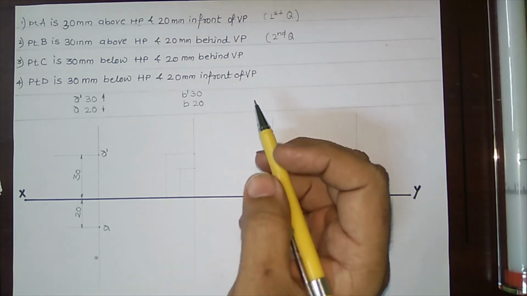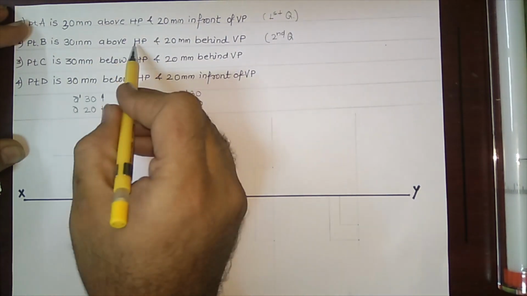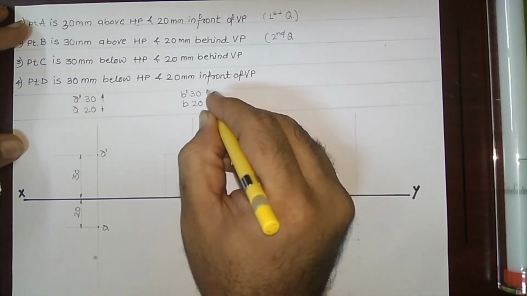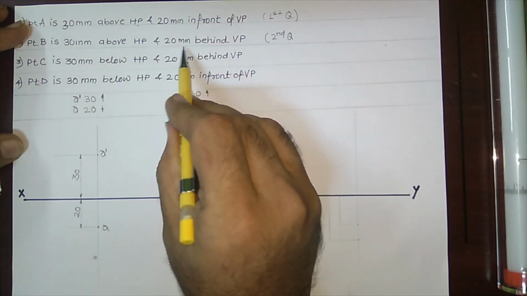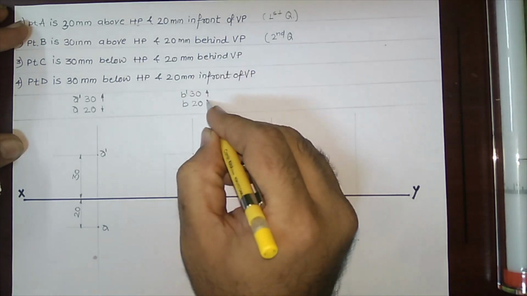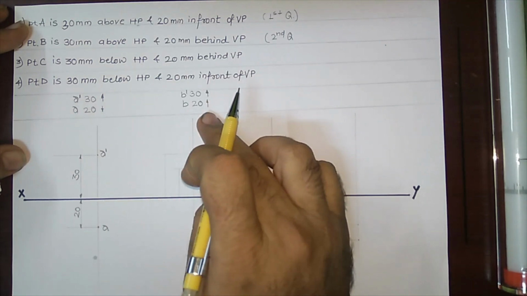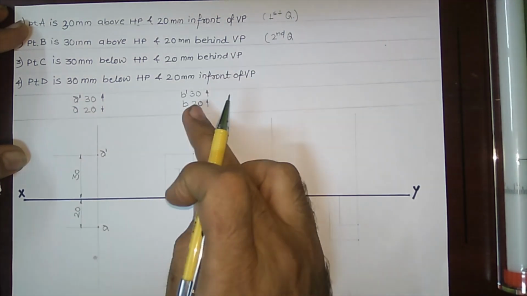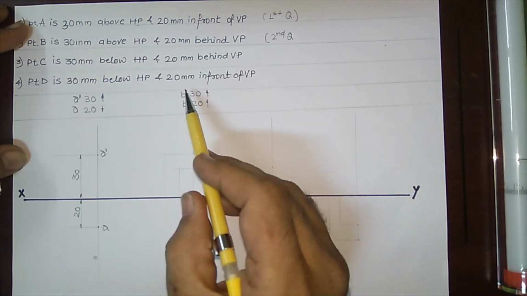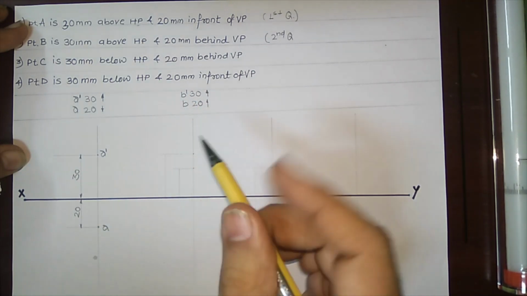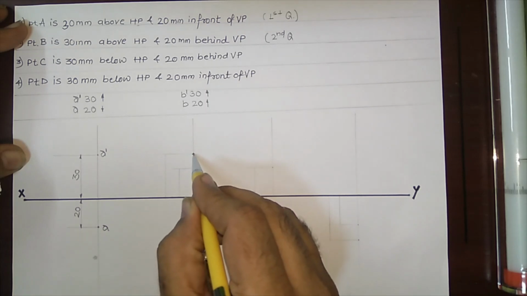Now how to locate it? So the point is above HP. If the point is above HP, we will plot its front view above XY line. And if the point is behind VP, we plot again it is above XY line. So as we know that the point appears in second quadrant, front view and top view both will appear above XY line. So I will locate this particular point.